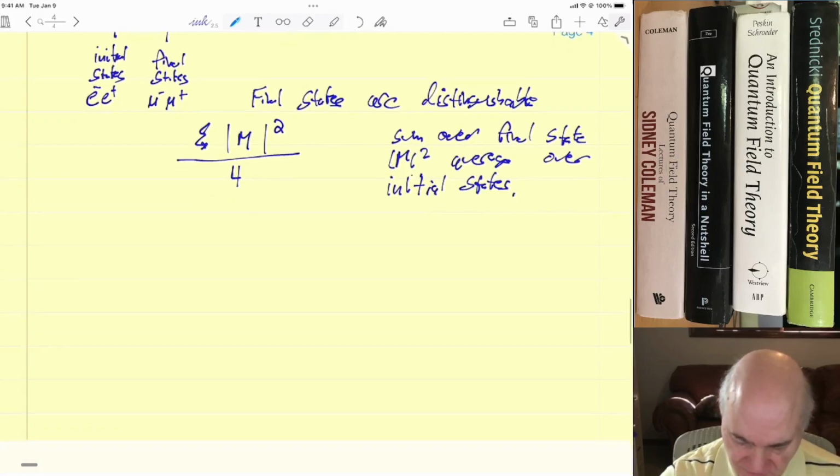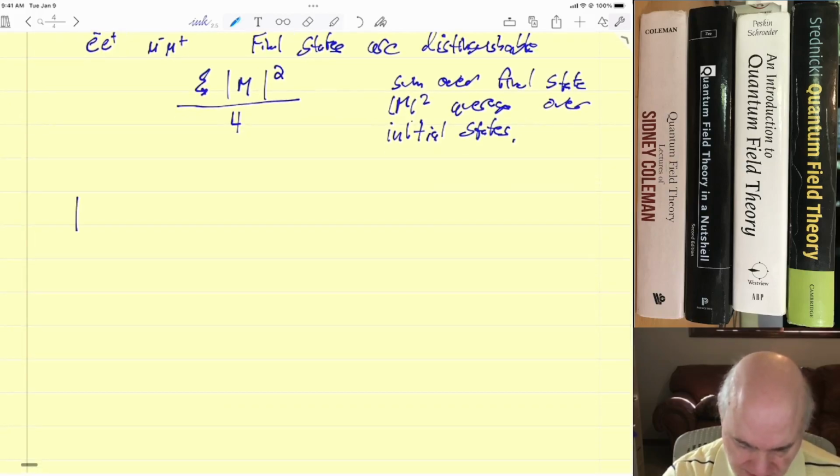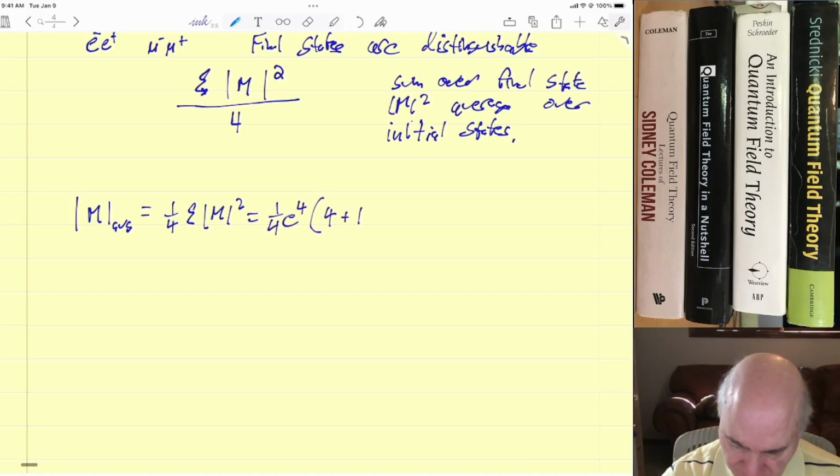So in this case, we're going to get m average is equal to 1/4 the sum of the absolute value of m squared, which is equal to 1/4 e to the 4th (4 plus 4 cosine squared theta), which is equal to e to the 4th (1 plus cosine squared theta).